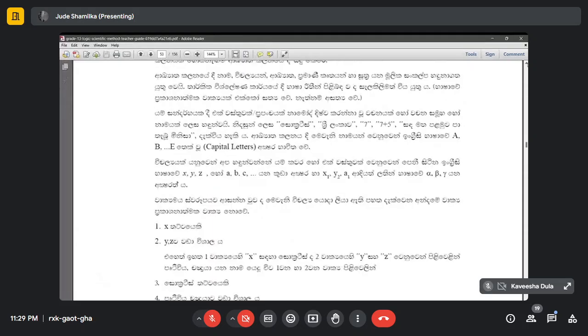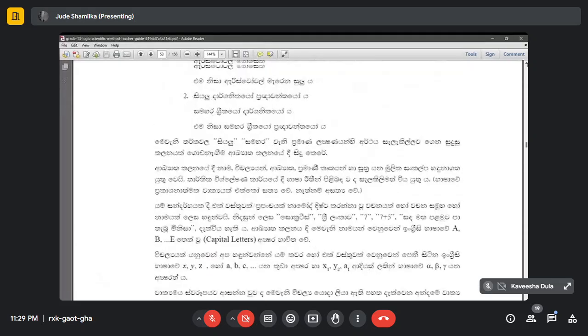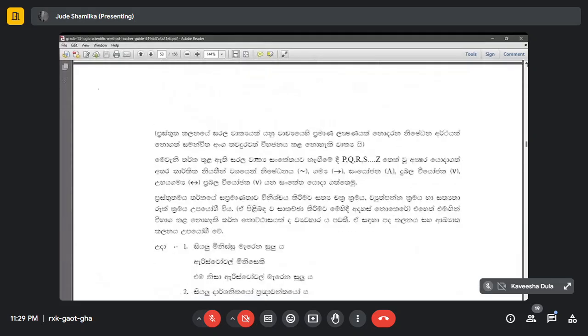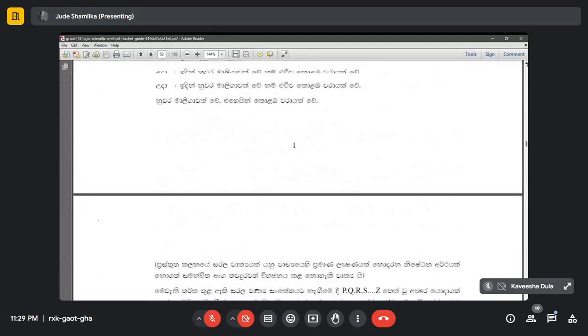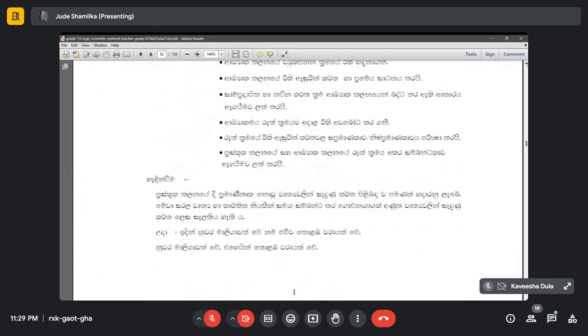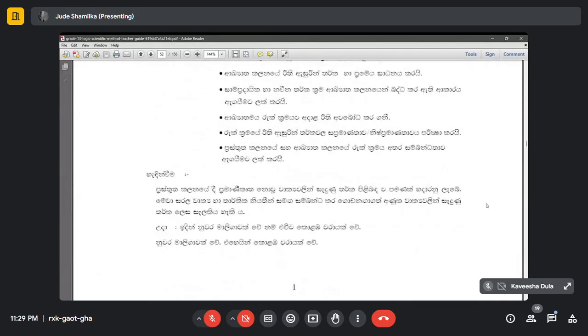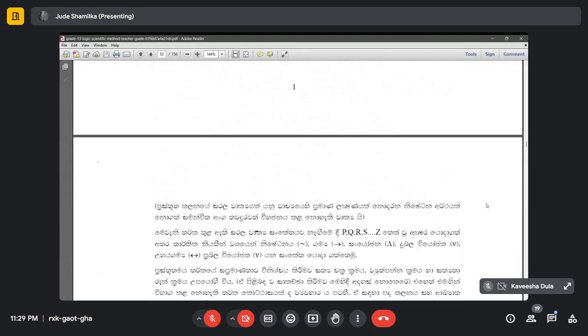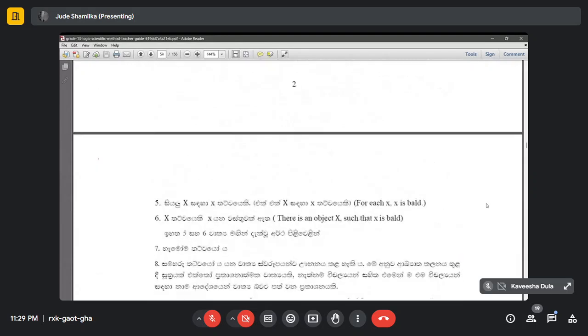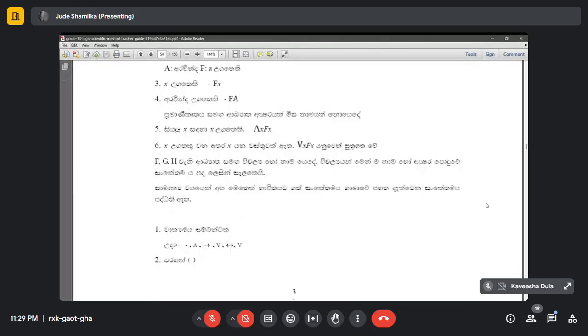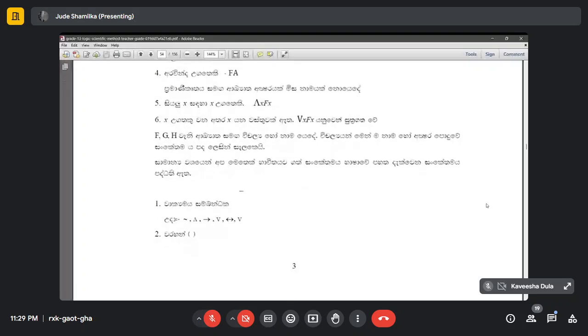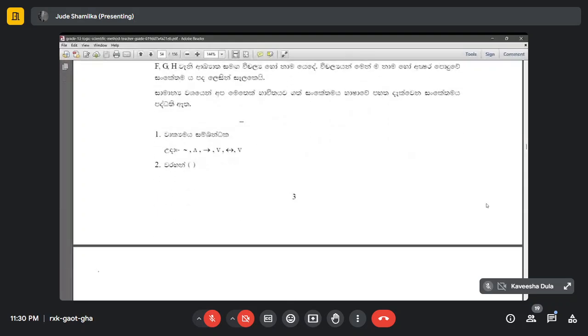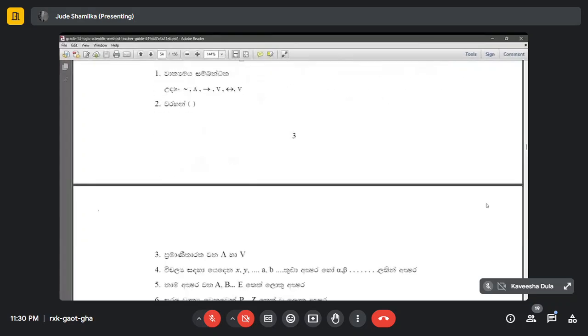So we don't get confused with all the stuff here. The next thing, the third one, is quantifiers.